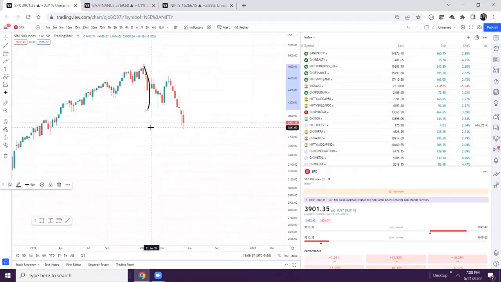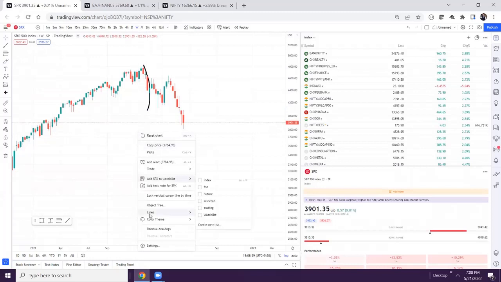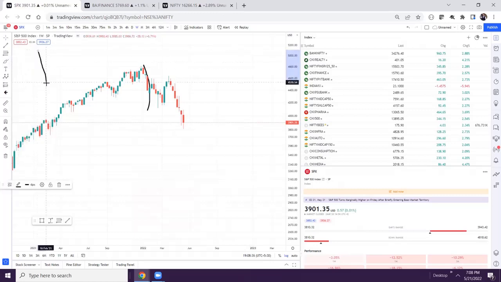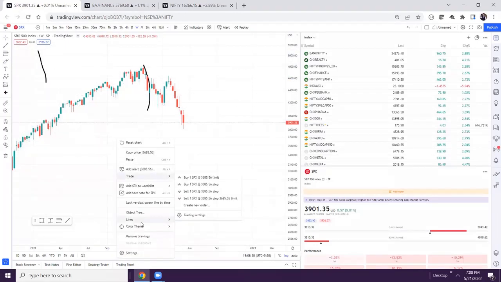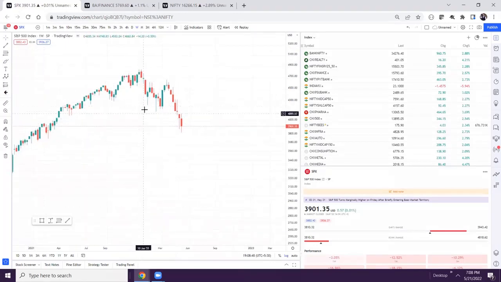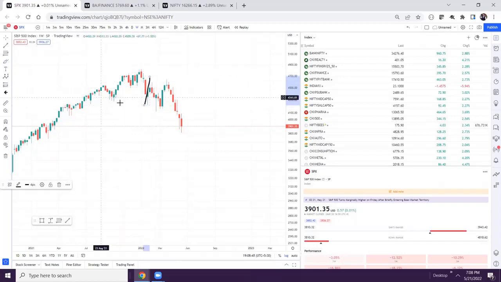fast impulse down? Yes. This is the first part which we explain, the first wave A. Okay, so if this is A, then where is the correction? Is this fast or slow? It is very fast.